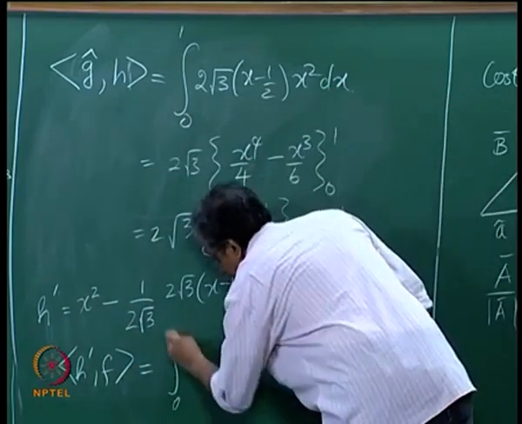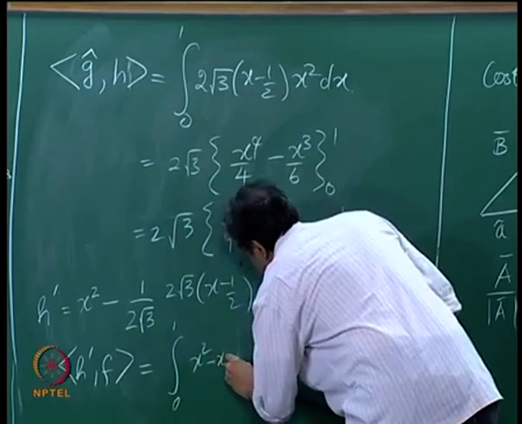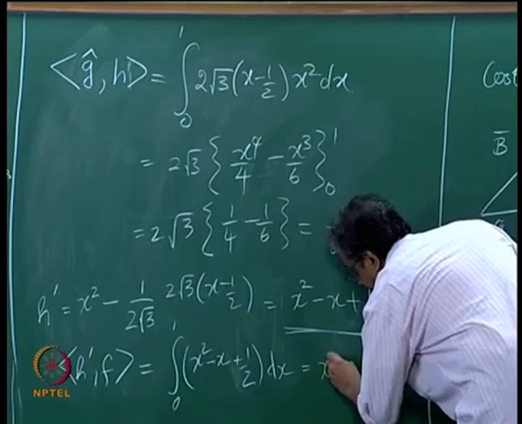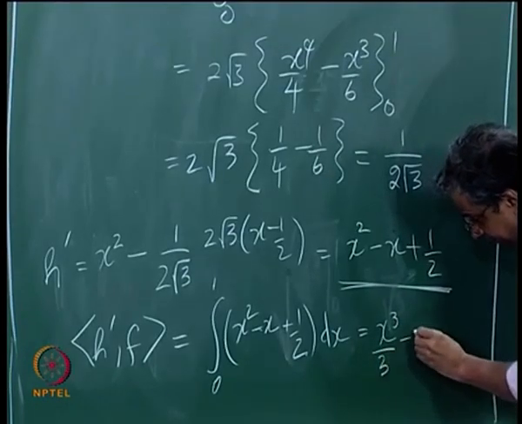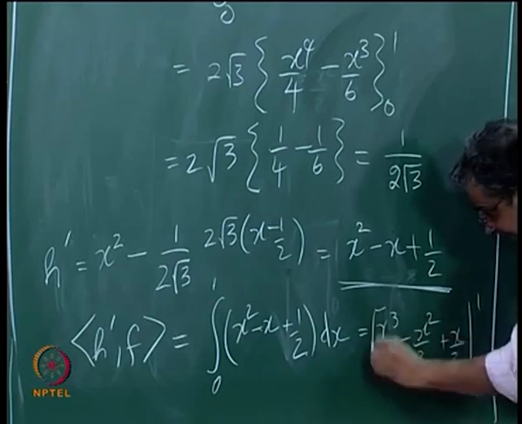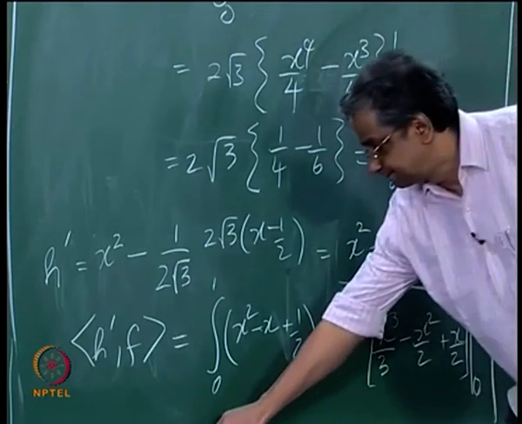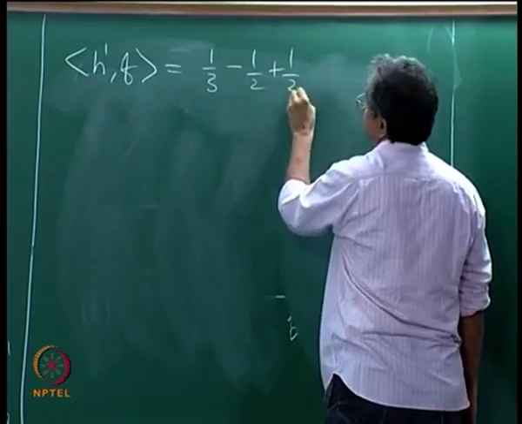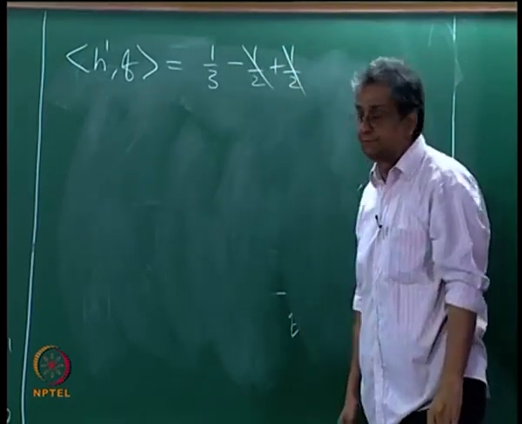That is the integral 0 to 1 of x squared minus x plus 1 half times dx, which gives me x cubed by 3 minus x squared by 2 plus x by 2 between the limits 0 and 1. And that should give me the projection of h prime on f, which is 1 by 3 minus 1 by 2 plus 1 by 2, which is 1/3. Is that fine?